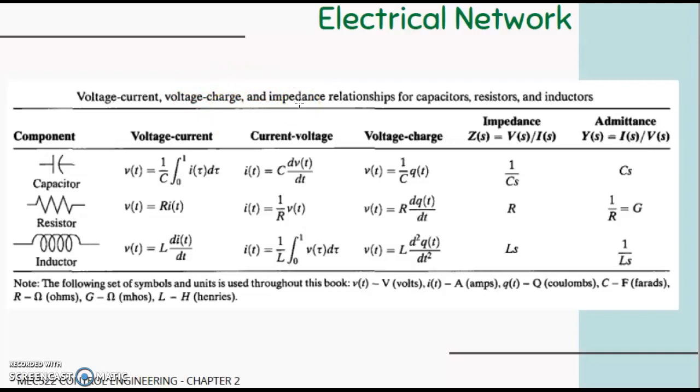You can see here there are three components: capacitor, resistor, inductor, and you can choose either voltage-current or current-voltage. This is the equation for the capacitor, resistor, and inductor, for voltage and current, and current and voltage, and you also have another equation for voltage-charge.